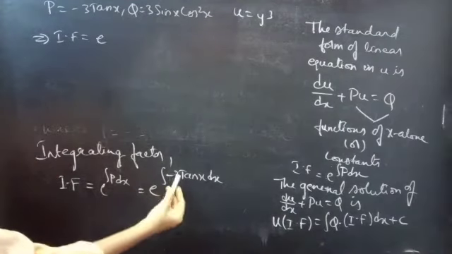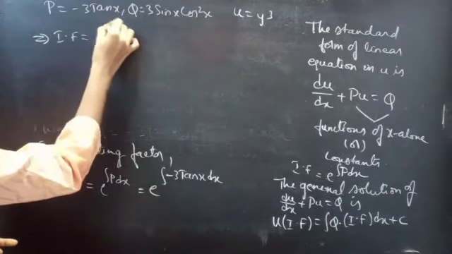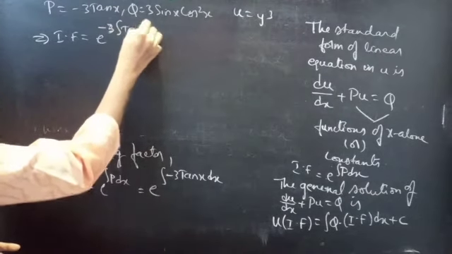Writing the constant minus 3 outside the integral, we get e power minus 3 integral tan x dx.